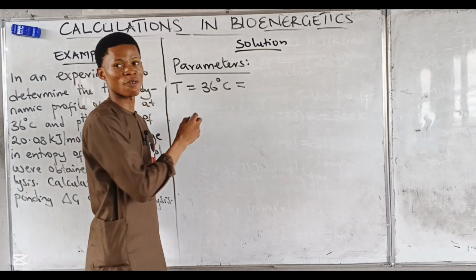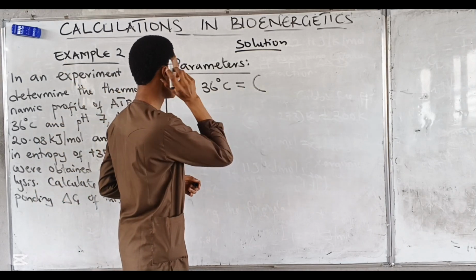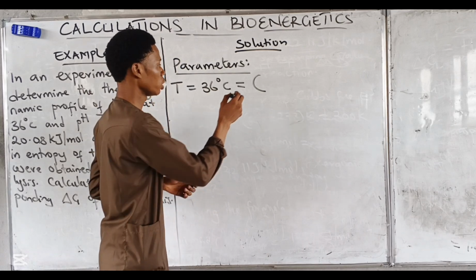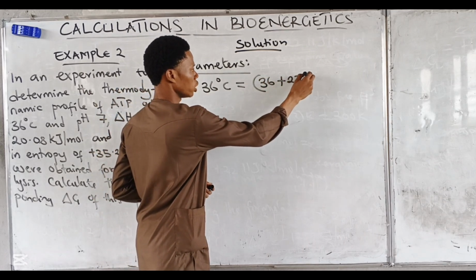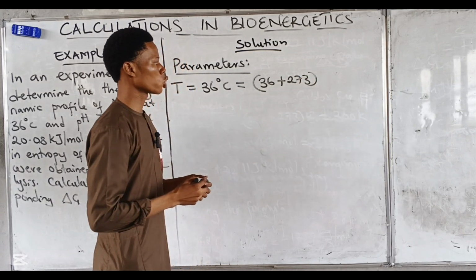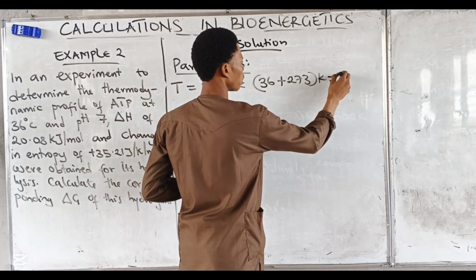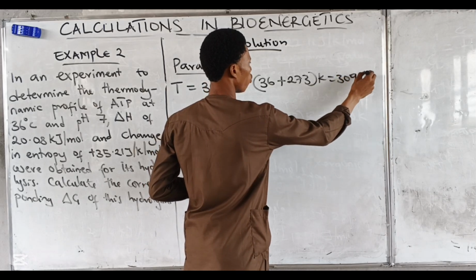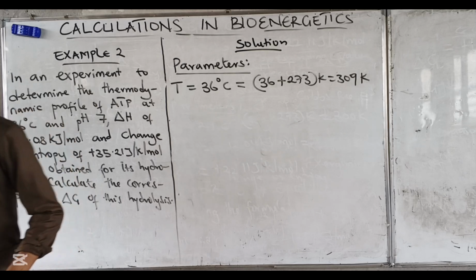But we know we cannot solve with degrees Celsius, right? So what do we do? We convert to what? Kelvin. And converting to Kelvin, we are adding what? 273. So 36 plus 273 will give us what? So this is 309 Kelvin. And I've said it is not degree Kelvin, but Kelvin.